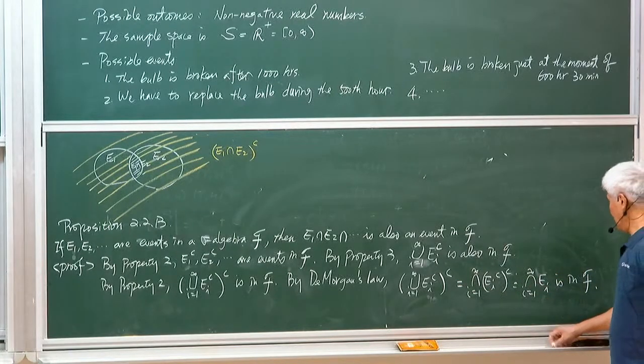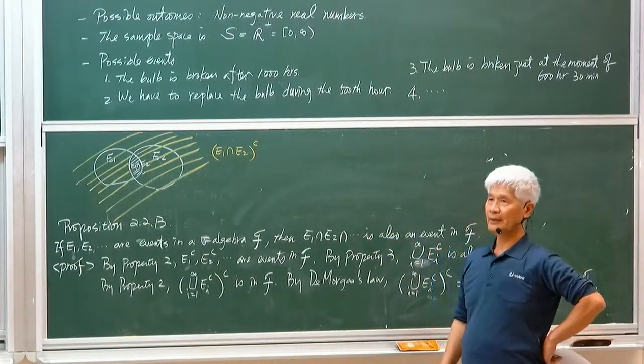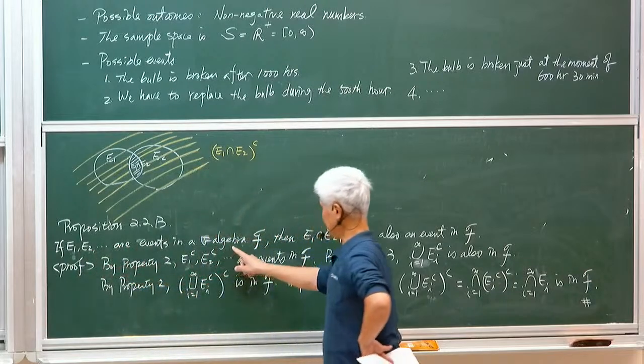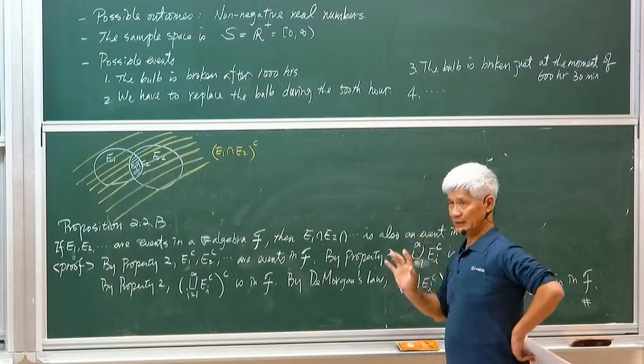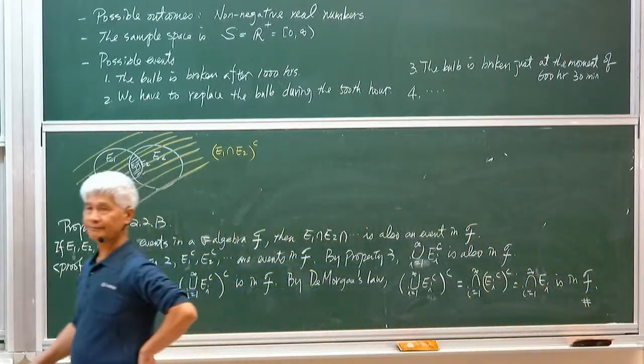And so we have proved that originally, if E1, E2 are events in this sigma algebra F, then their intersection is also in F.